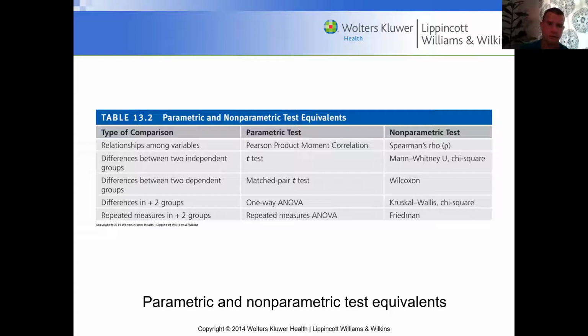Difference between two dependent groups, we'll use matched pairs t-test for parametric or Wilcoxon for non-parametric. Differences in more than two groups, one-way ANOVA for parametric, Kruskal-Wallis or chi-square again for non-parametric. And repeated measures in more than two groups, we do repeated measures ANOVA or a Friedman test in non-parametric. So we'll talk about what these different tests are.